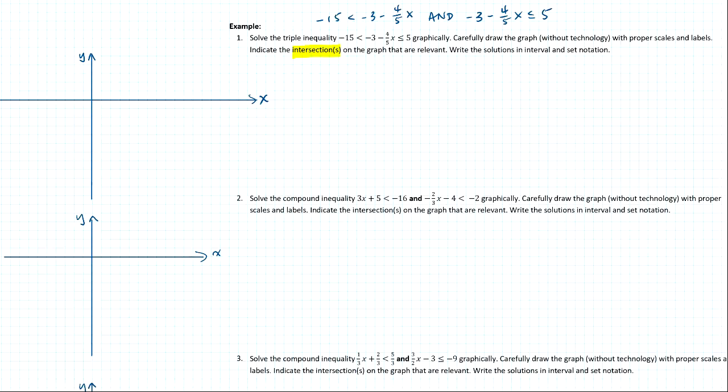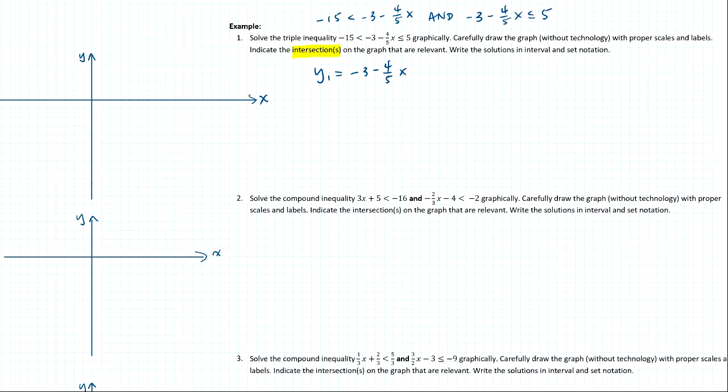And now if we want to look at this particular example, I'm going to try to think about the restrictions I have over here. Here I know that our expression is bounded by negative 15 and 5. And just to make things a little easier to express and keep track of, I'm going to let y1 be equal to negative 3 minus 4 over 5x, which is the middle part of our three-part inequality.